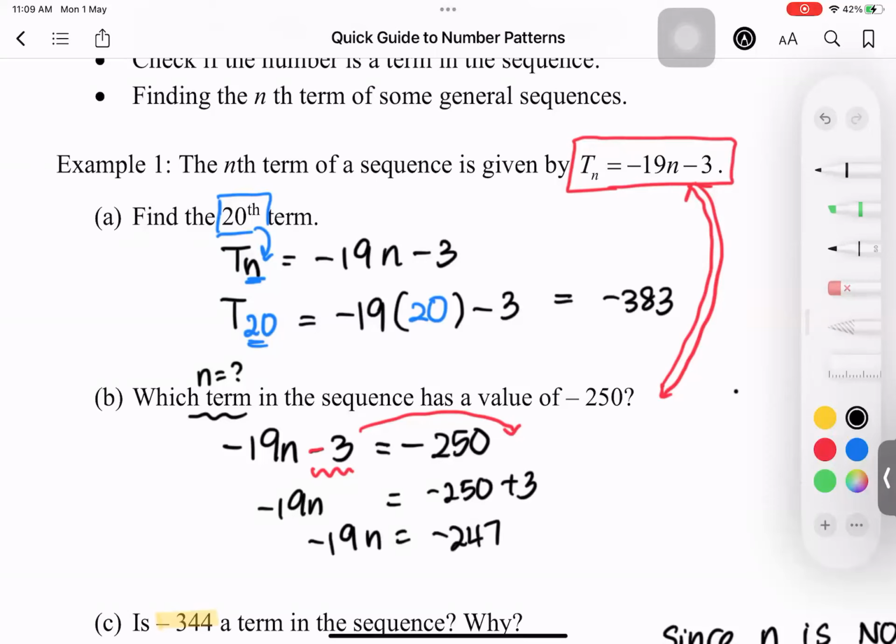This is negative 19 times n, and I want to get rid of negative 19, so I divide by negative 19. I get n equals 13. So they want which term? Term number 13, the 13th term. If this is okay, you can give me a thumbs up. If you have questions, then you give me a cross or whichever, then ask me a question.